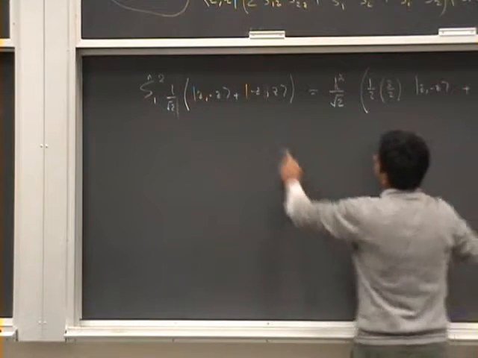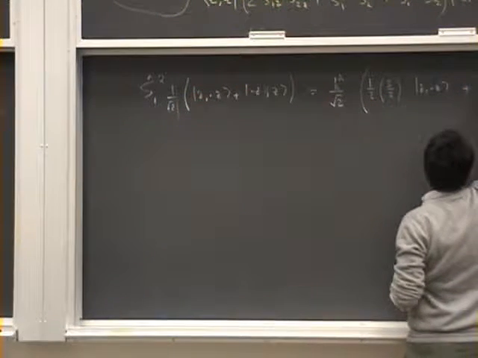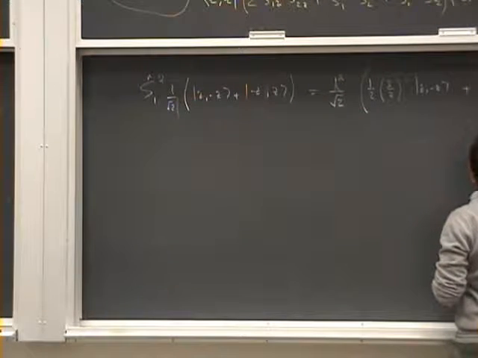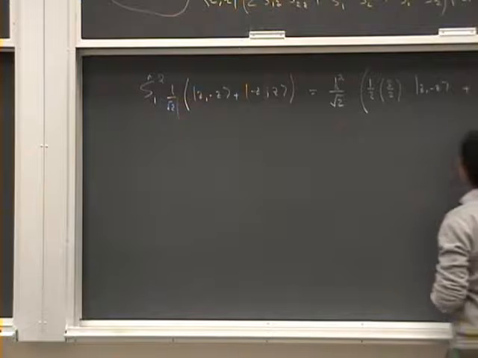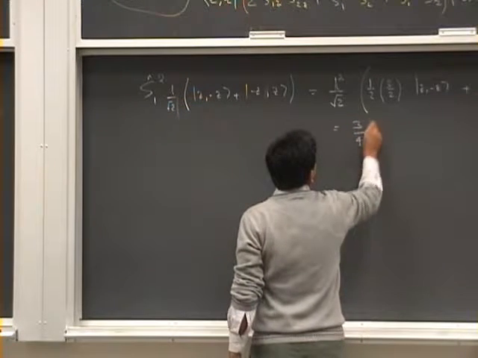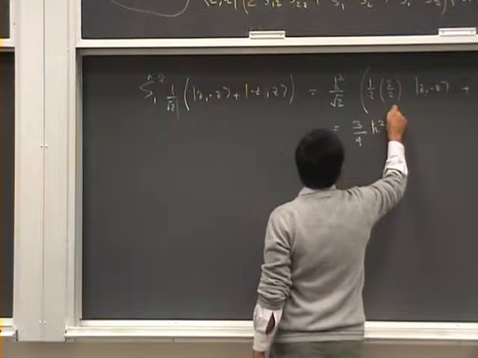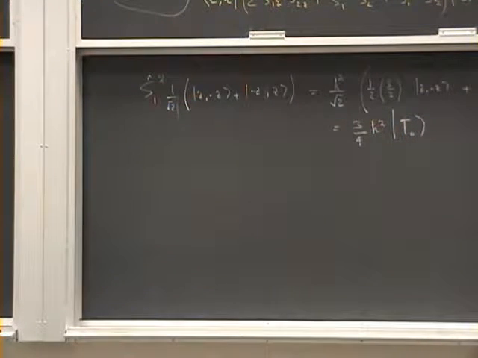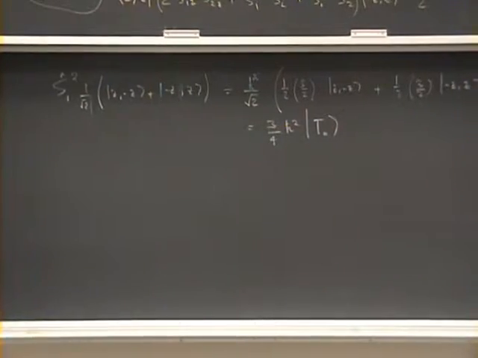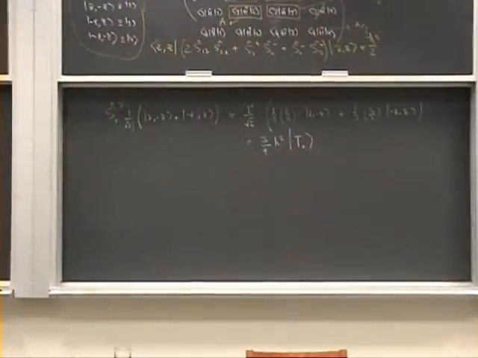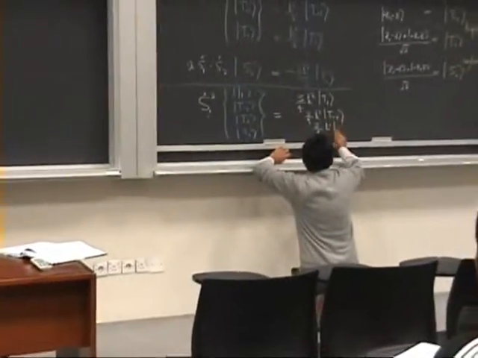Plus half 3 by 2 on the minus z plus z term. So this is simply 3 by 4 h bar squared T naught. So when S1 squared acts on T naught, I once again get 3 by 4 h bar squared T naught.